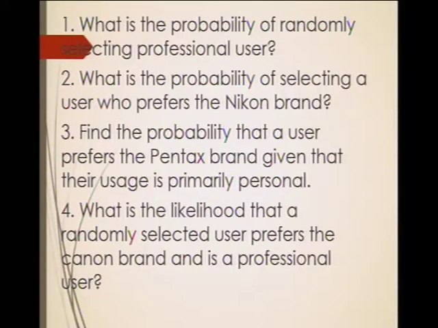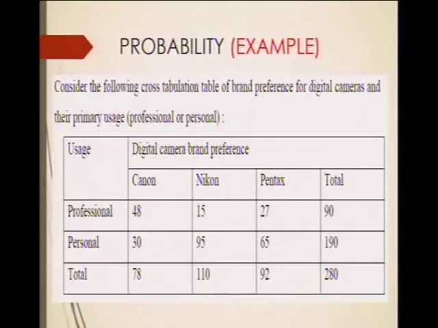Then the second question. What is the probability of selecting a user who prefers the Nikon brand? We go back to the table. Nikon brand. What is the total at Nikon? It is 110. So we are going to say let A represent Nikon.